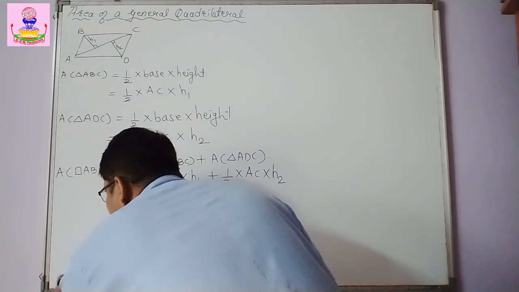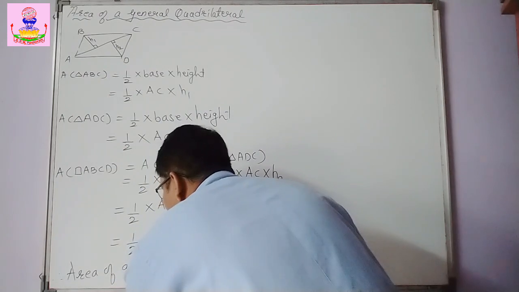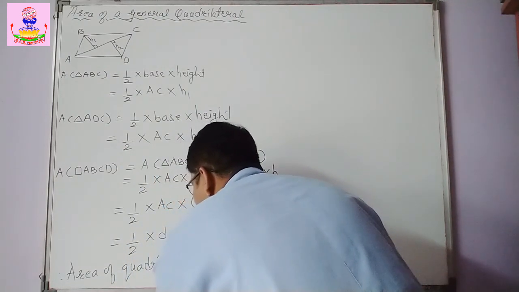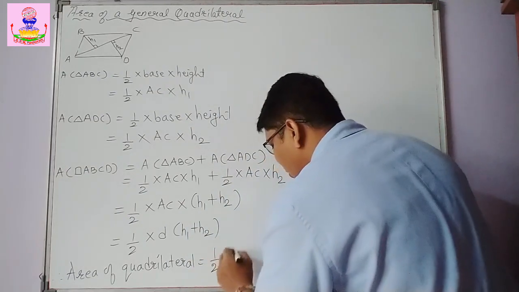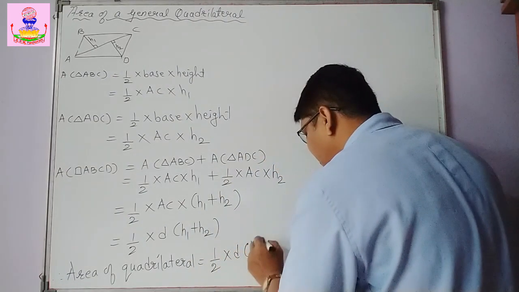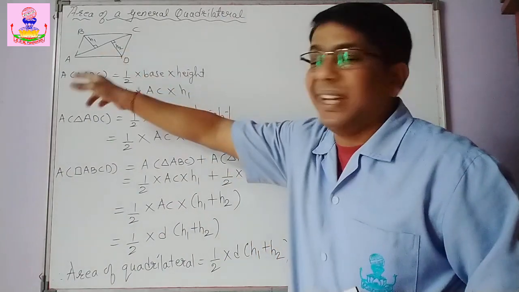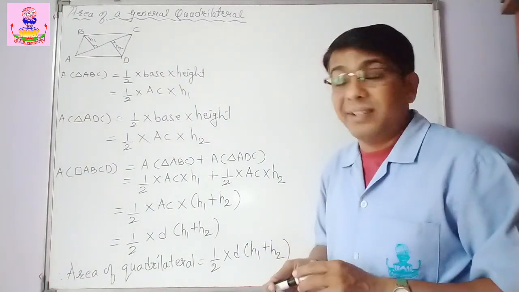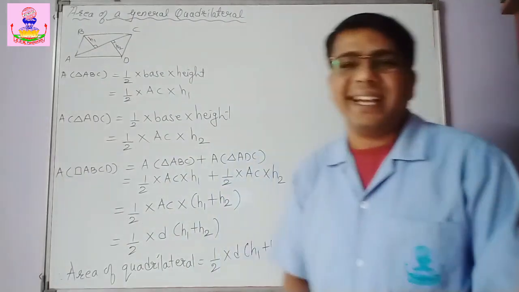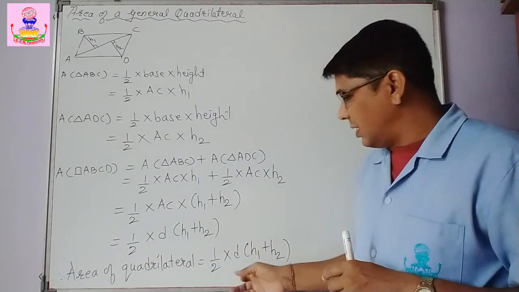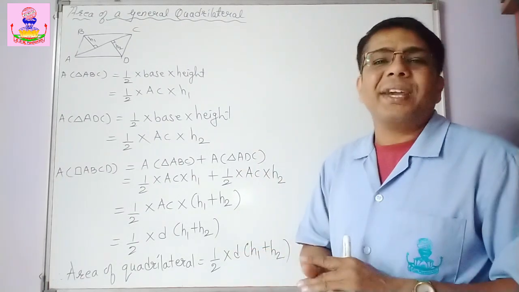Therefore, area of quadrilateral is equivalent to half into D into (H1 plus H2). Now what is D here? Length of the diagonal. D for diagonal. H1 and H2 are the two heights on the diagonal. So this is the general formula for a general quadrilateral.